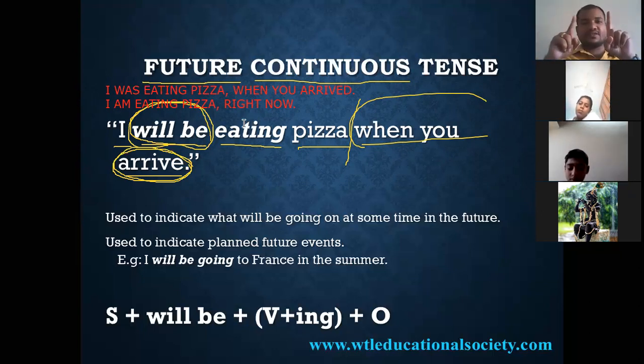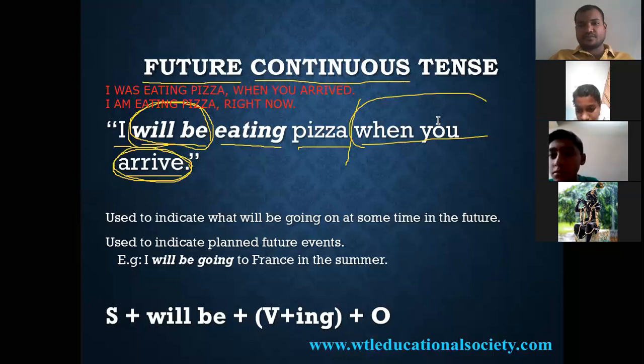As per the tense, we are going to use a different helping verb. You're supposed to understand what exactly the difference is between one tense and another. If you are able to identify that difference, you will be able to learn the tenses easily. Right, very good.